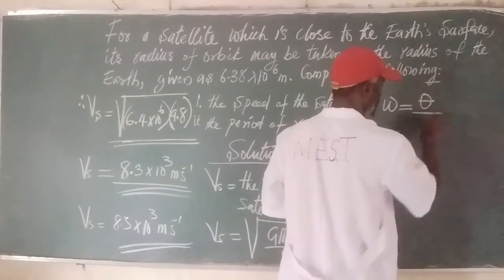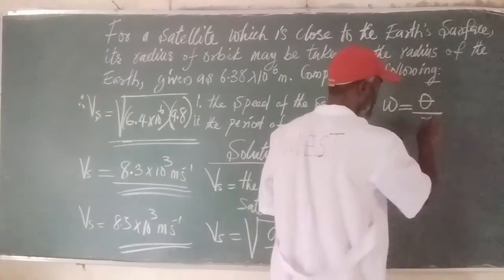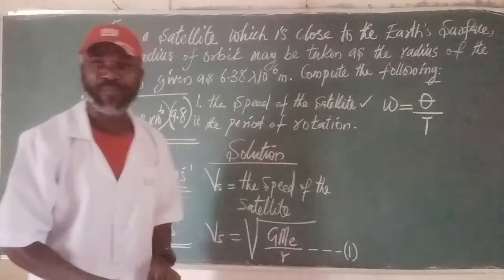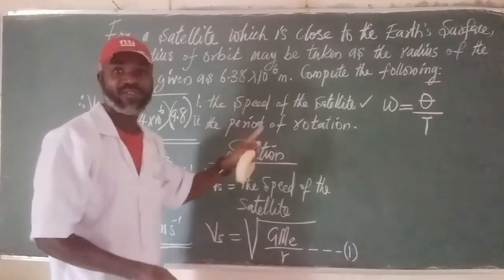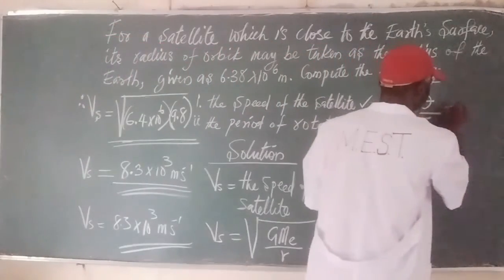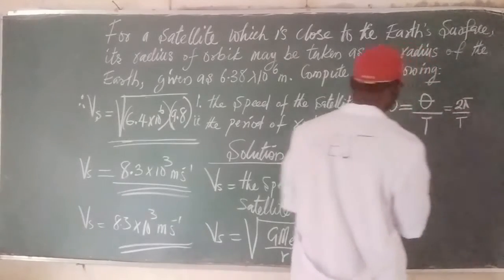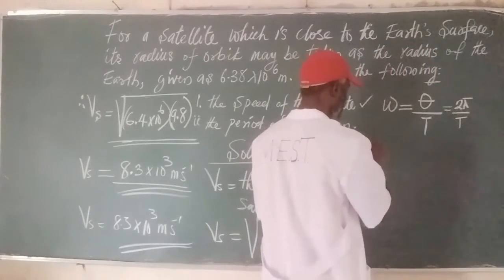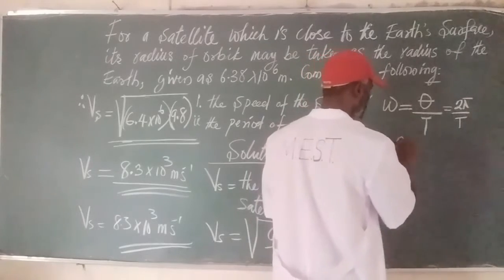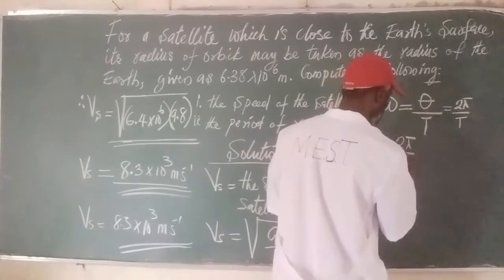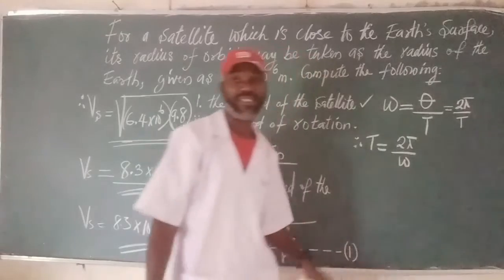We can also find the period of the satellite by using angular rotation of the satellite, which is equal to some amount of theta and then t as the time. Okay, we are looking for time. And this, if you're familiar with this, is equal to 2 pi all over t. Therefore, we can make t the subject: t becomes 2 pi all over w, that's the angular speed.